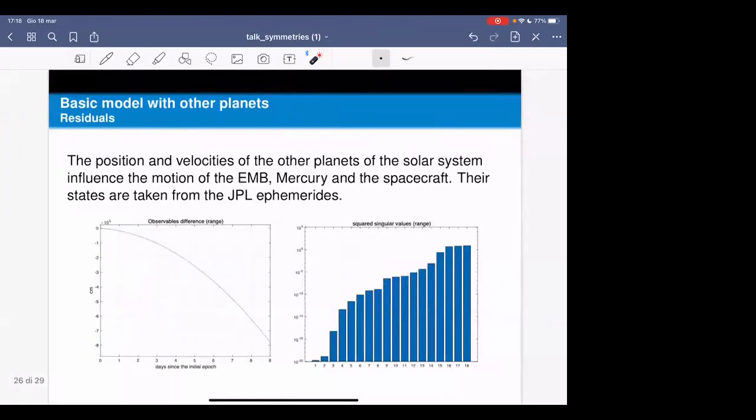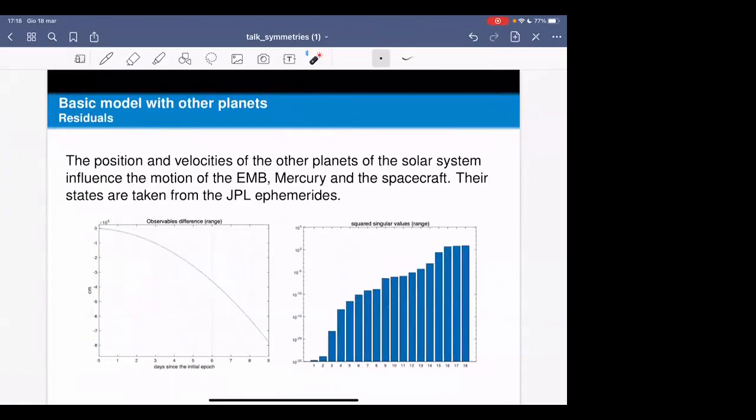And finally, the last perturbation that we considered is the fact that there are the other planets in the solar system. We do not determine their positions and velocities, and we take them again from the JPL ephemeris. So when we do a rotation of the parameters, we are not free to rotate them. And this is the effect of including the planets in the model, which is a smaller effect compared to the ones that we have considered so far.